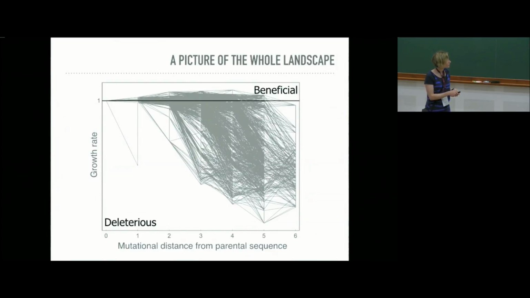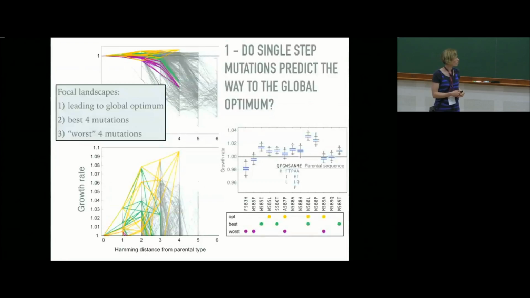You see, for example, vertical lines, and these are mutations that happen at the same locus. These are the multi-allelic ones, because they don't change the distance to the wild type, but they still are a mutation in the fitness landscape. And this one here was just a control where we put in a stop codon to see what roughly something very deleterious looks like. You can see there's obviously already a lot of negative epistasis in the landscape.